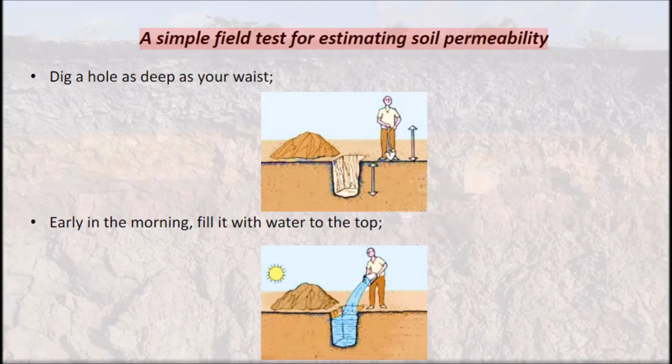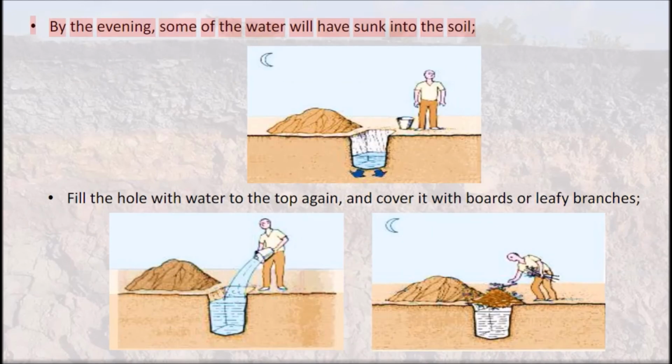A simple field test for estimating soil permeability. Dig a hole as deep as your waist. Early in the morning, fill it with water to the top. By the evening, some of the water will have sunk into the soil.